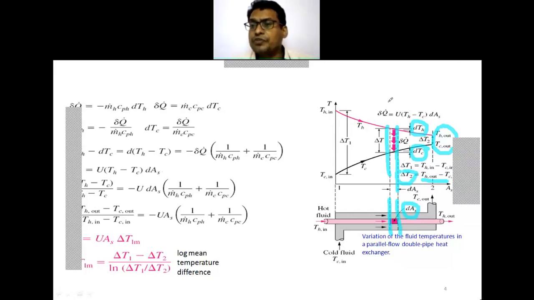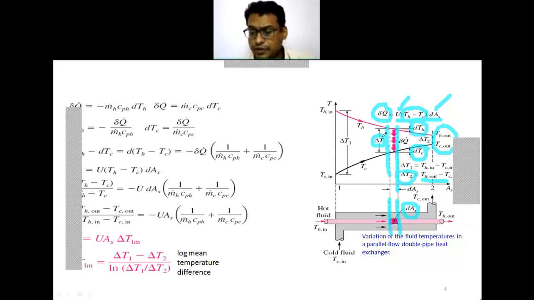In this, the heat transferred is d delta Q, which is equal to U delta T into dA. That is U into the small area into the temperature difference delta T. Here one assumption is that this temperature difference remains constant in this small area.